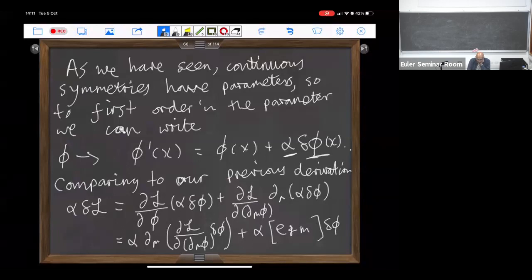Then just comparing that with our previous discussion, we'll get this total derivative term plus the equations of motion, all proportional to this parameter alpha, in this way of setting things up.